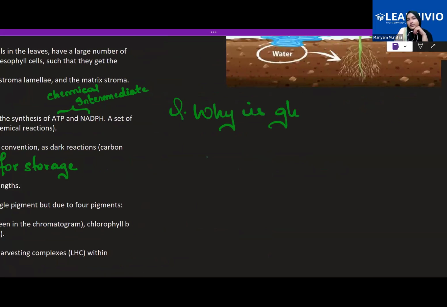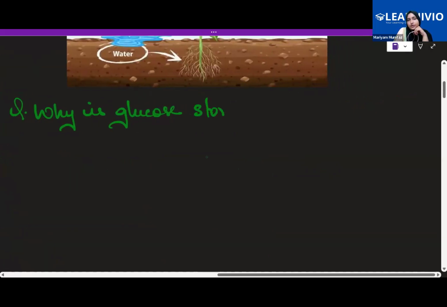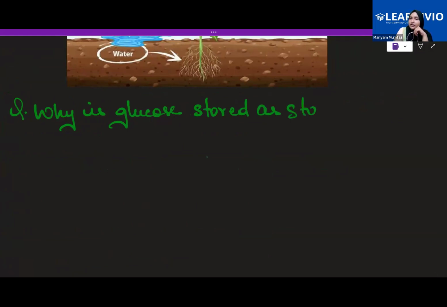See, when we talk about the glucose molecule, why is glucose stored as starch? It could have been converted into any other thing and then stored, right? But why only starch? See, if you think about it, starch is a better form of glucose. How is it a better form of glucose? Because first of all, it is insoluble, meaning it will stay just like that.